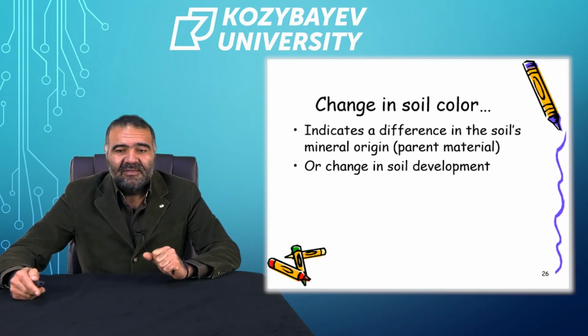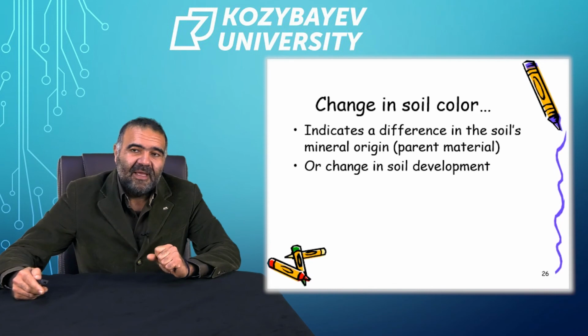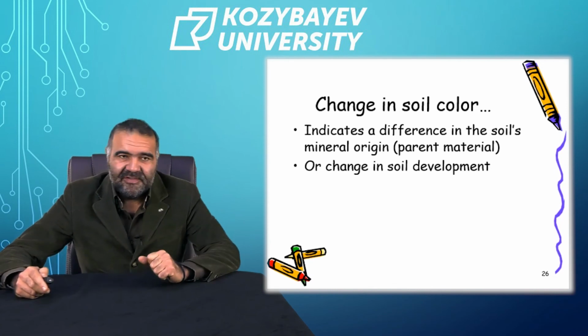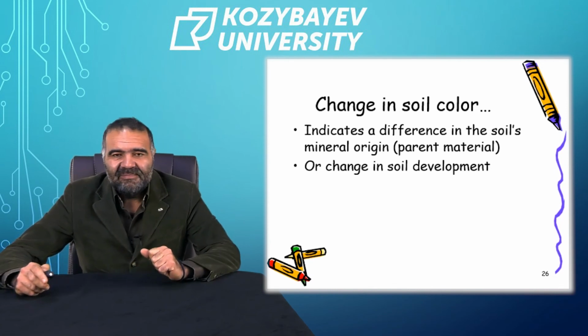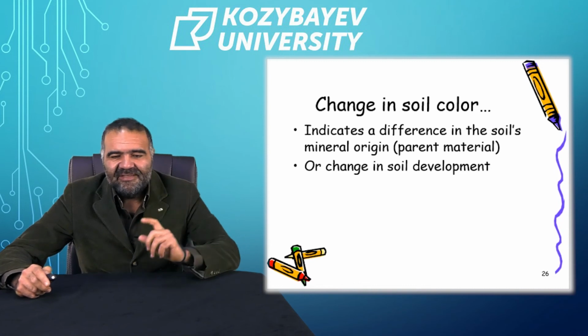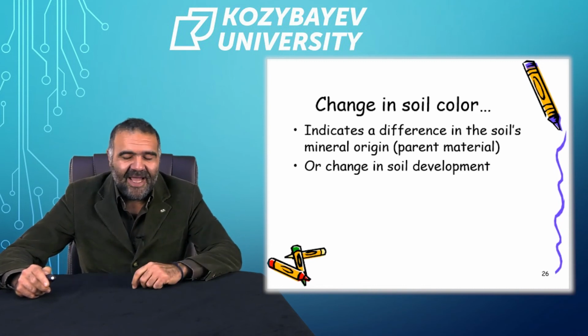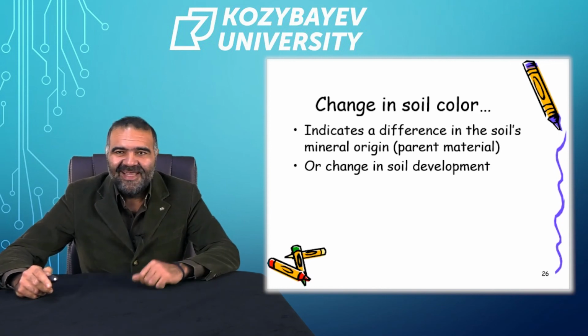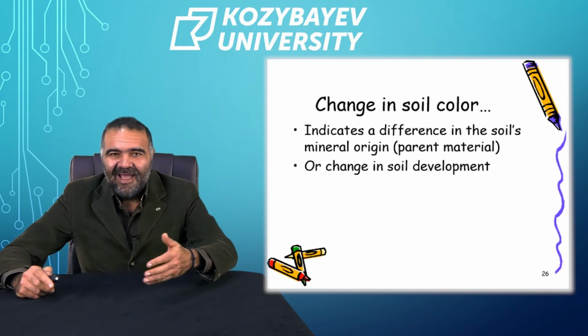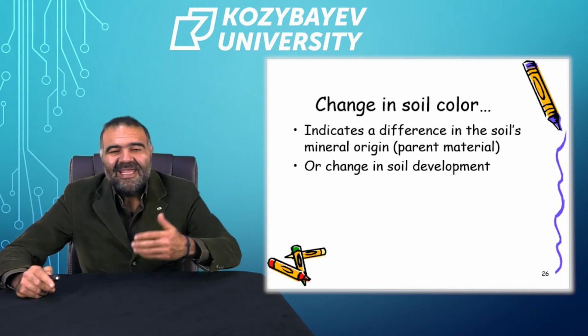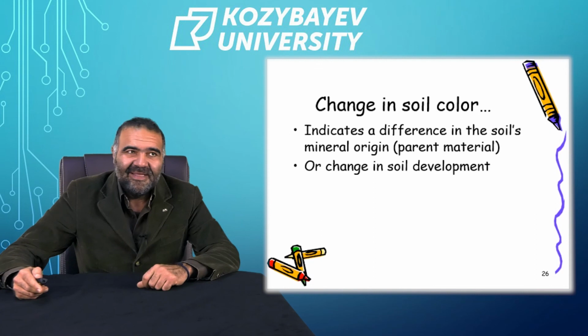It's very important that we try to see the colors because sometimes it allows us to differentiate the soil horizons, and as I said to you, it's probably the most notable property that we can see immediately in the soil.